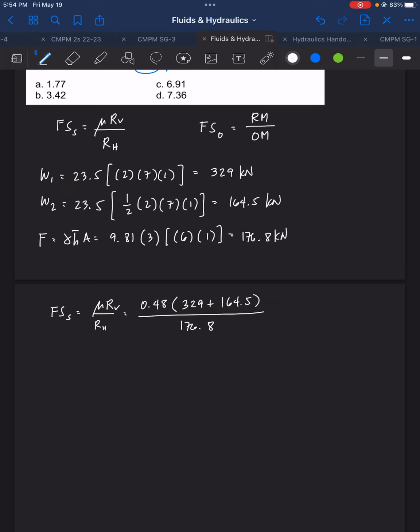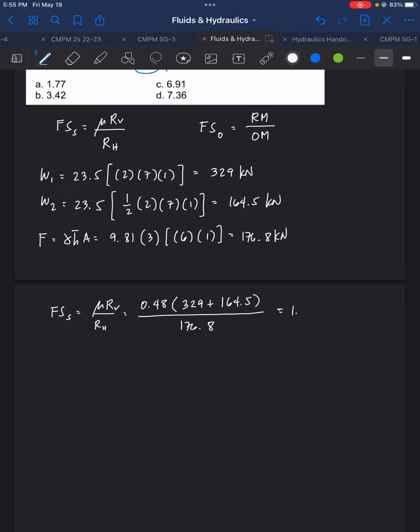So we have 0.48 times 329 plus 164.5, divided by 176.8, which gives 1.34.